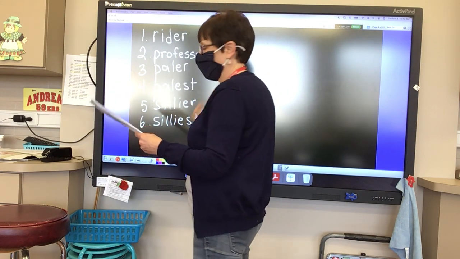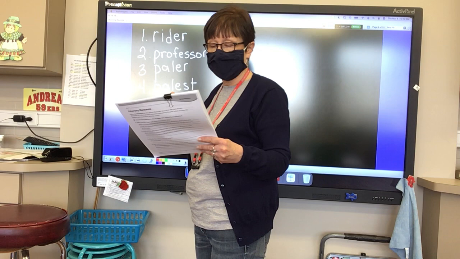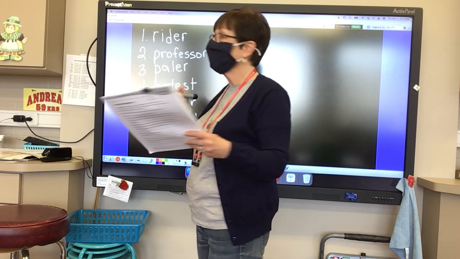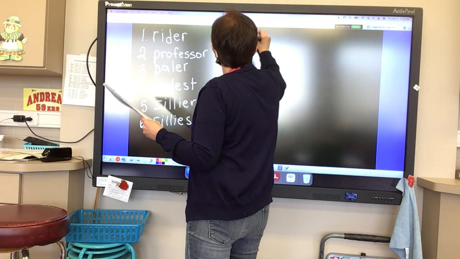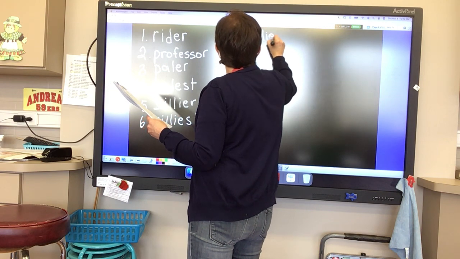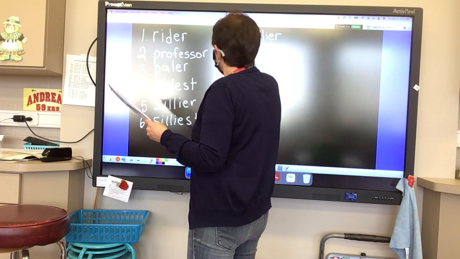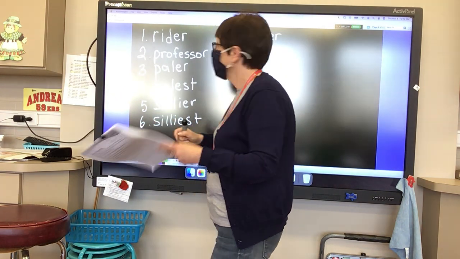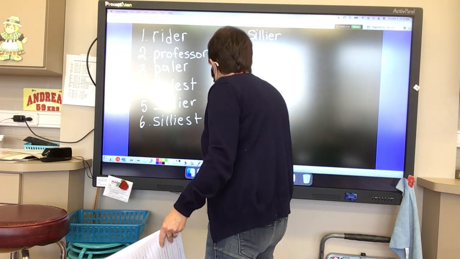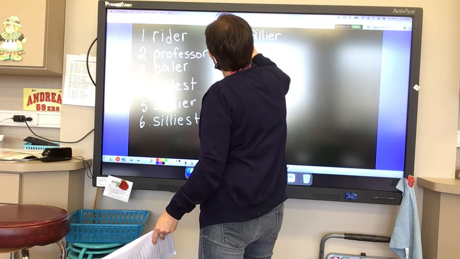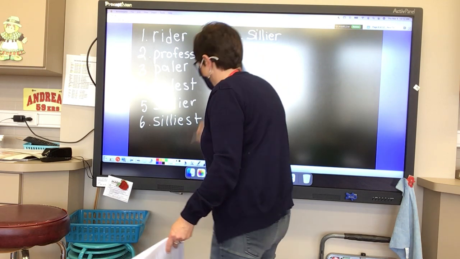Now it says we have to use the words to finish the sentences. Juliana? The second joke was blank than the first. Sillier. We're comparing 2 jokes. Sillier. Thank you. Oh, that's a number 1. They've renumbered them. Number 2, please, Logan.